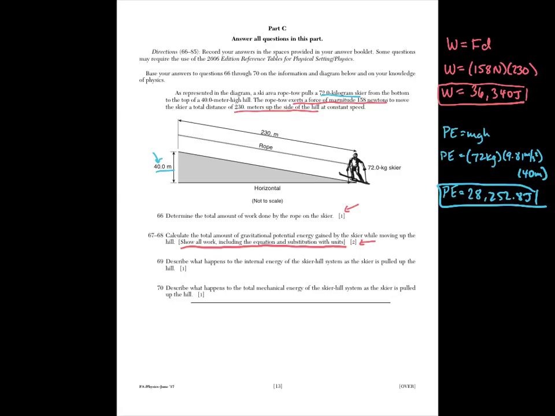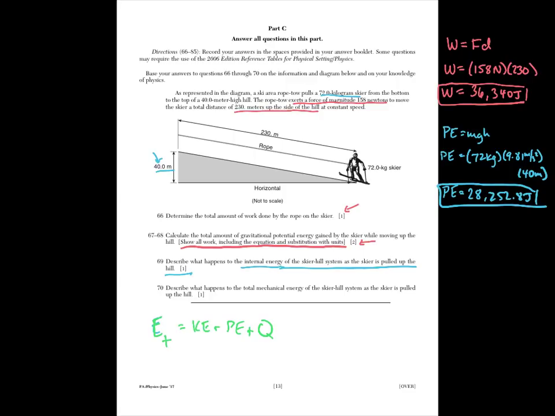All right, number 69. Describe what happens to the internal energy of the skier-hill system as the skier is pulled up the hill. So work, our total energy, since we don't have friction at all, keep in mind, oh, let me change this into a different color, equals kinetic energy plus potential energy plus Q. Okay, now, kinetic energy, should we think about kinetic energy?